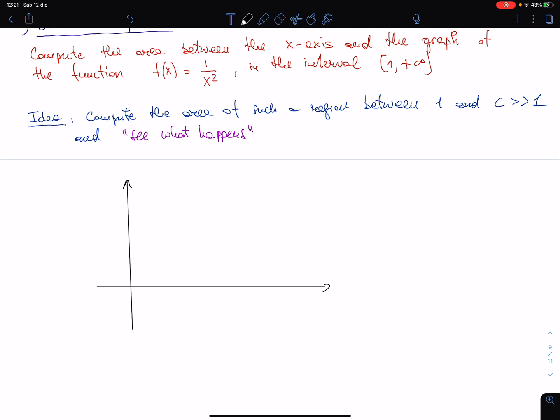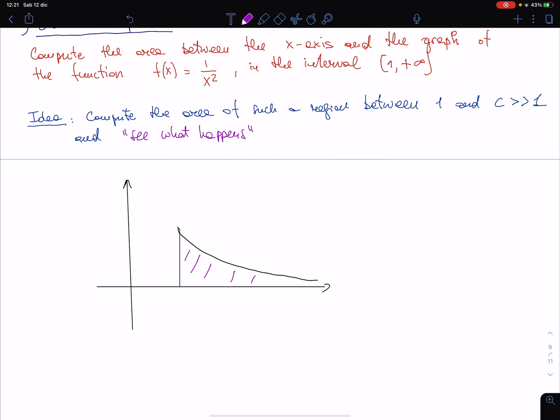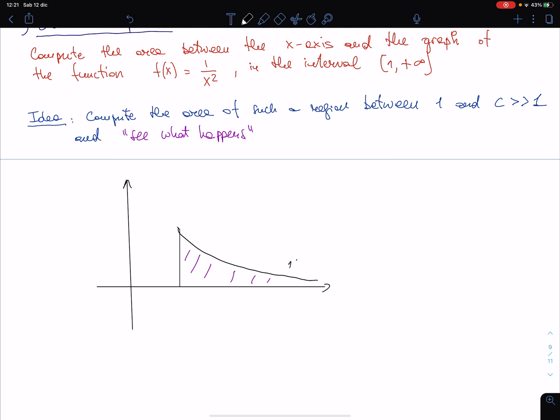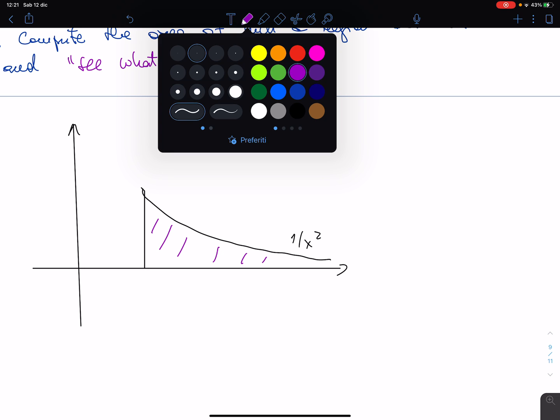Okay, from 1 to plus infinity, so you start from here at 1, and then you go in this way. It is below the hyperbola 1 over x. This is 1 over x squared. And then you fix c. Imagine this c to be very far away.